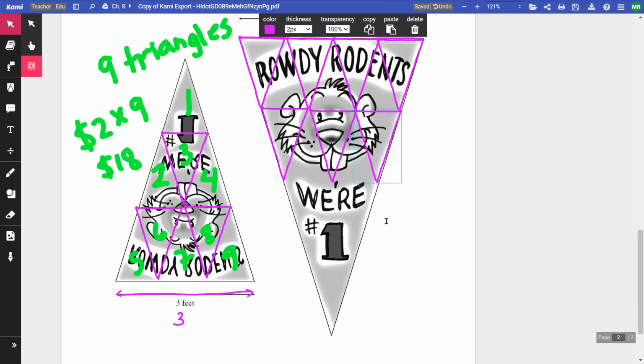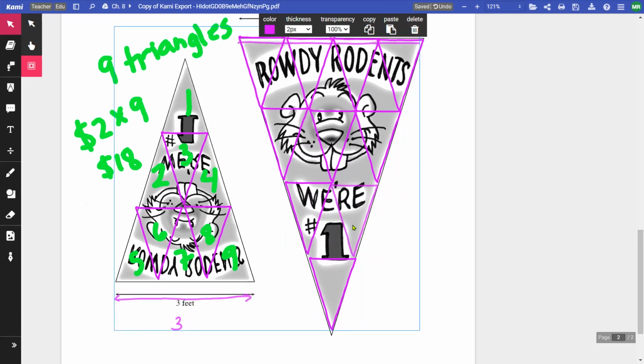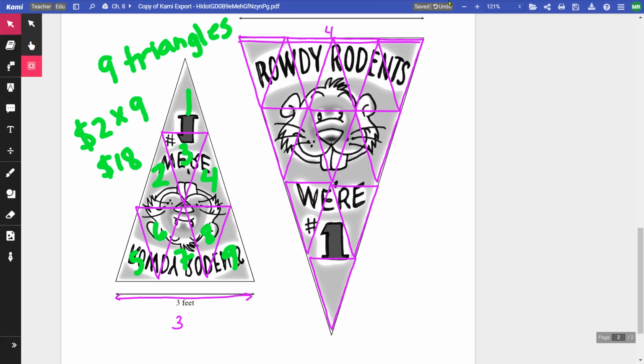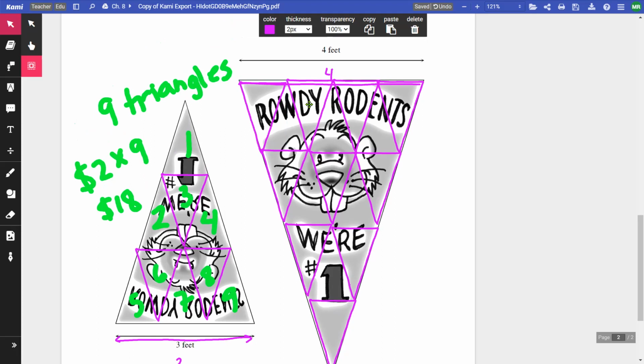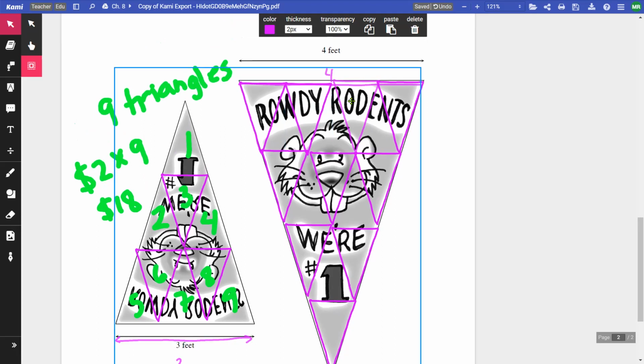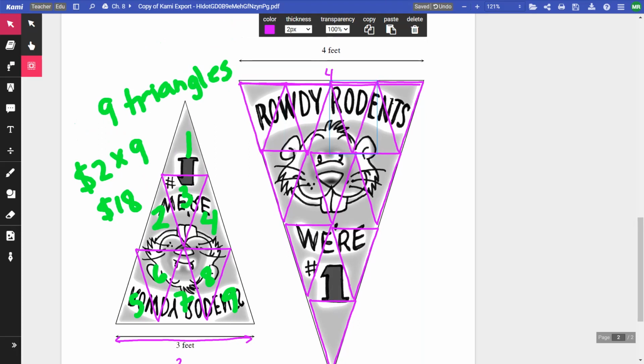Okay, got another row. So, oops, mine kind of got adjusted here, huh? Okay, so I moved mine slightly.